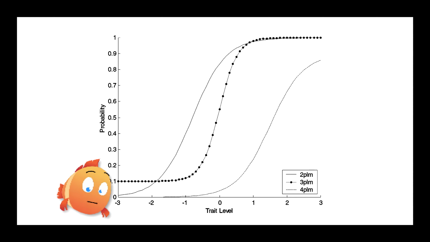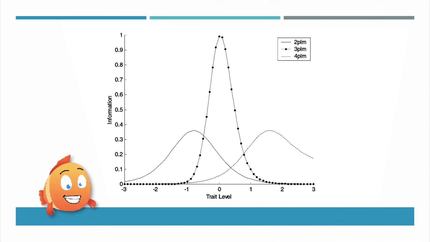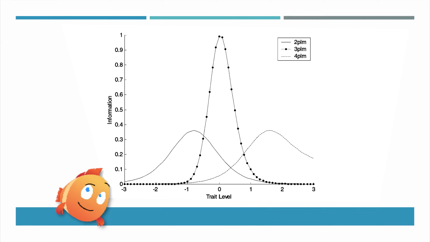Okay, so here I'm displaying the item information, which gives us the relationship between trait level and probability for those three models. Now, I'm going to flip that to show you what the information curves look like for those exact same estimates. So in the 3PL model, this item has really a ton of good information for individuals around trait level 0.